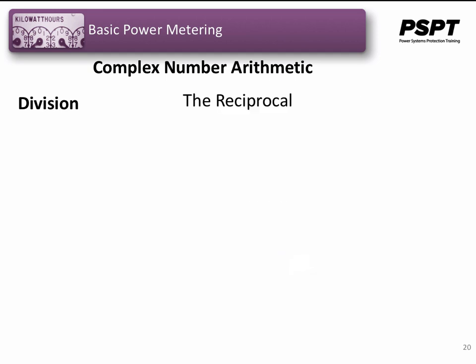To obtain the reciprocal or invert a complex number, simply divide the number in its polar form into the value of 1, which is nothing more than the complex number 1 at 0 degrees.